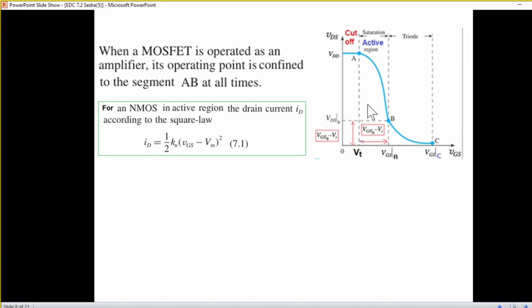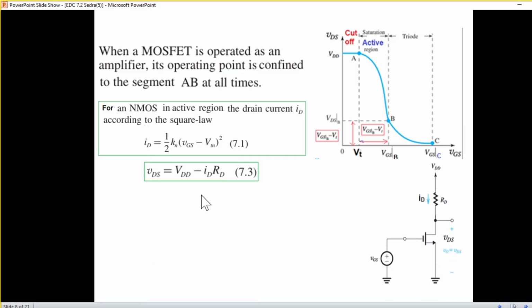When it is operating in the active region, for an NMOS transistor, the current is given by this formula. We'll be using this formula subsequently. And we have already learned from the circuit diagram that VDS is VDD minus IDRD.